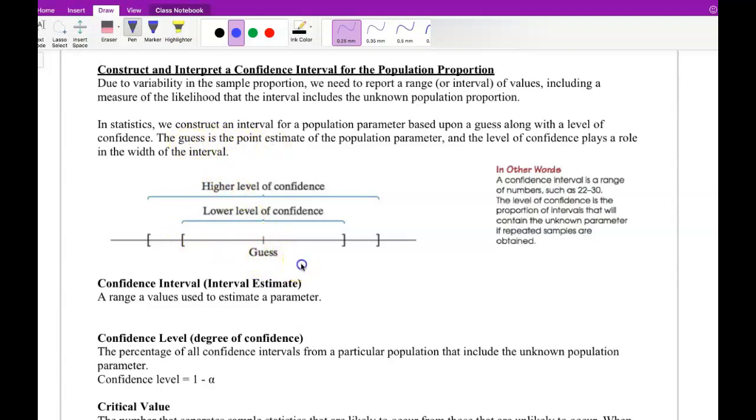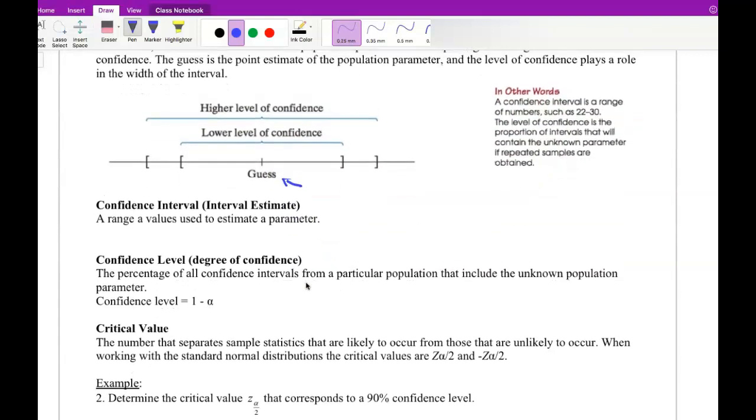So this is the estimate of a population parameter.